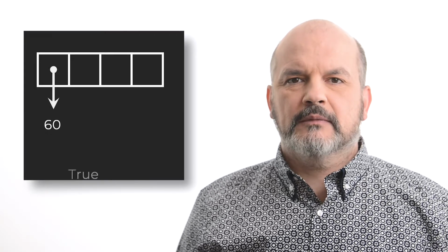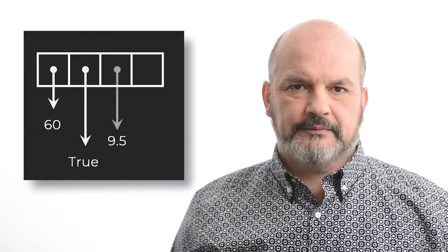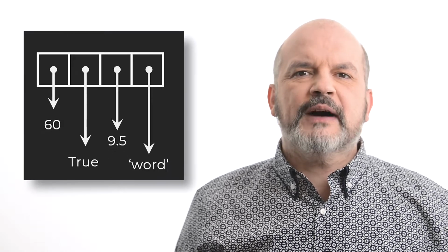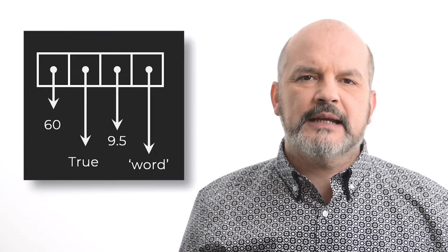A list is commonly represented as a series of contiguous boxes. For example, a list can contain an int, a boolean, a float, and a string, all at the same time. Each box points to an object that is a value at this given position in the list.